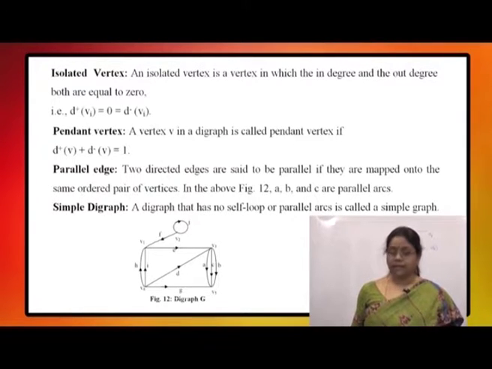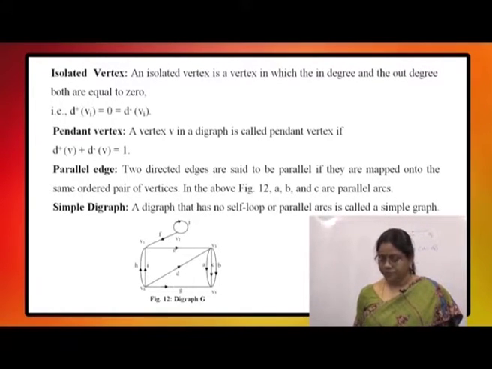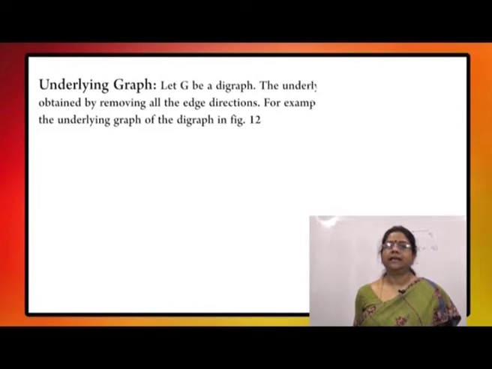In the same way as in an undirected graph, we define here a simple digraph which has no self loop or parallel arcs. And if we remove the directions of all the edges from a digraph, we will get an undirected graph, which is called the underlying graph.